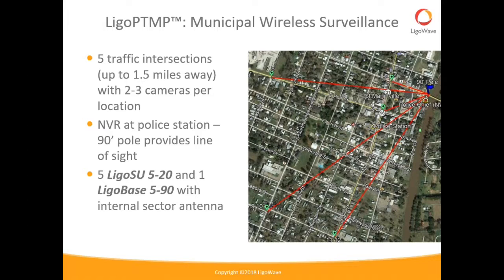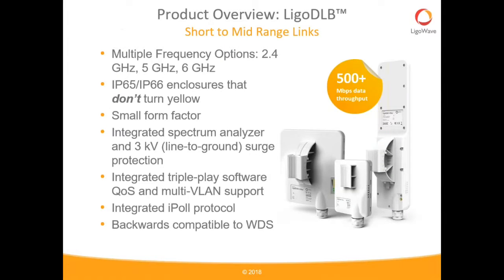And they had 5 links to start, and we did this with a single LiGo base with an integrated 90-degree sector antenna. And we had 5 subscriber units, each one located at various traffic intersections, and then the cameras were wired into that. The maximum distances here were about 1.5 miles. And they had roughly 2 to 3 cameras per location.